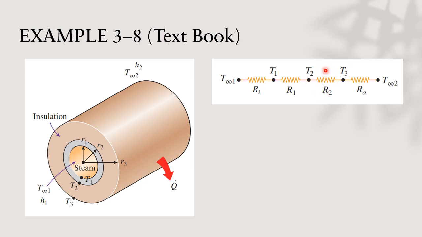Another conduction resistance inside the insulation, to T3, which is the outer surface of the insulation, and another resistance called convection resistance to the ambient temperature T infinity 2. So now we have the thermal resistance network for this particular case.